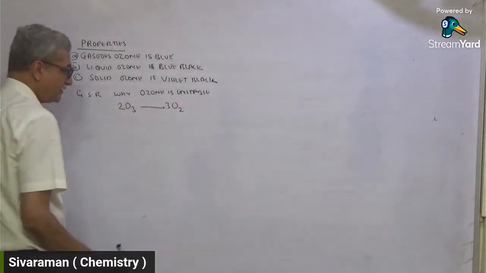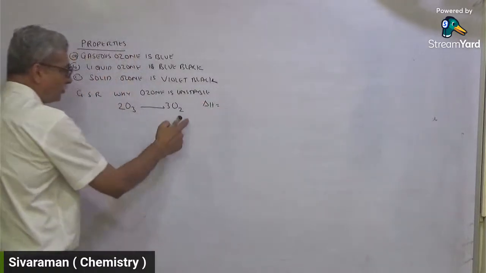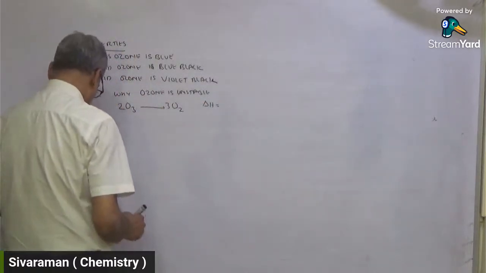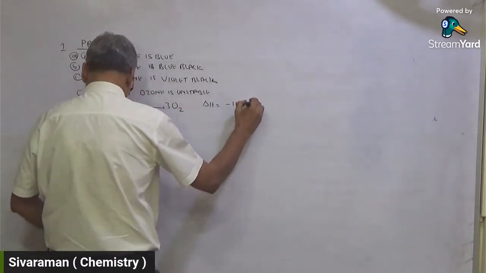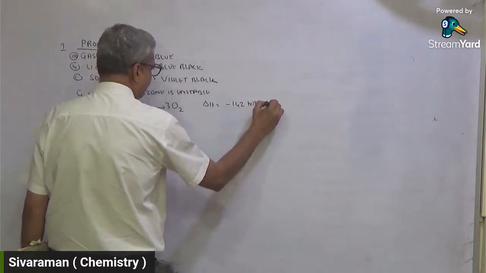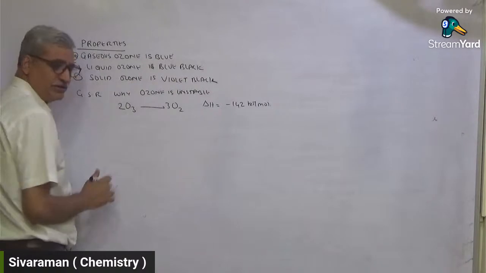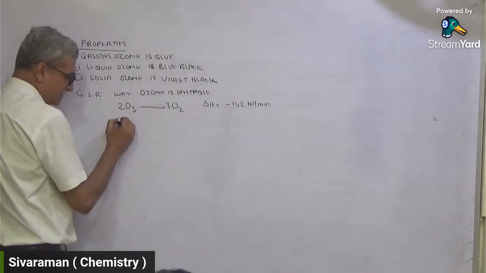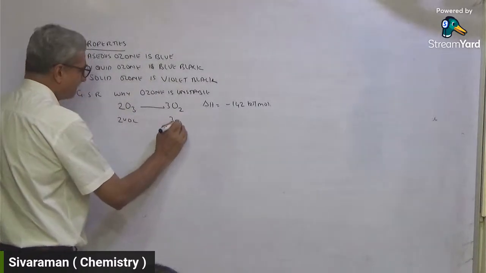If you remember, O2 to O3 was endothermic, so this delta H is minus 142 kilojoule per mole. There is an increase in volume. This is 2 volume and this is 3 volume.